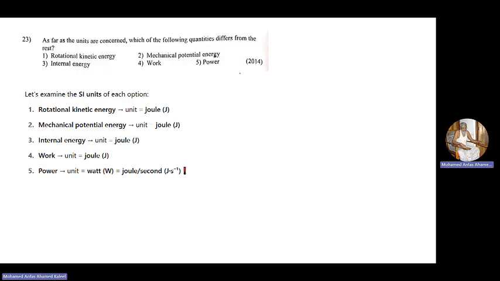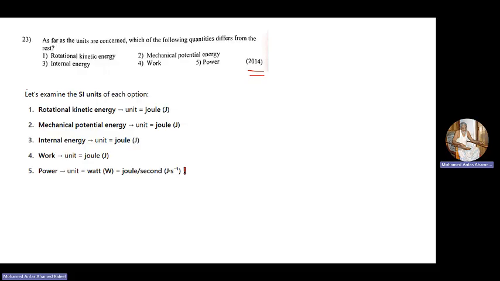The 23rd question is from past paper 2014. The question is, as far as the units are concerned, which of the following quantities differs from the rest? Differs from the rest means one of the quantities differs from the others.